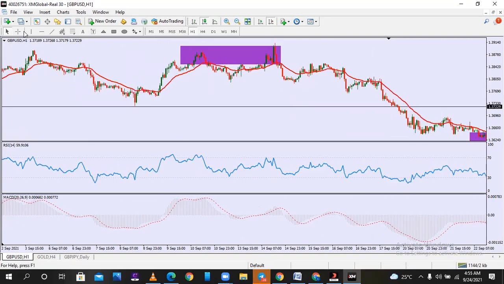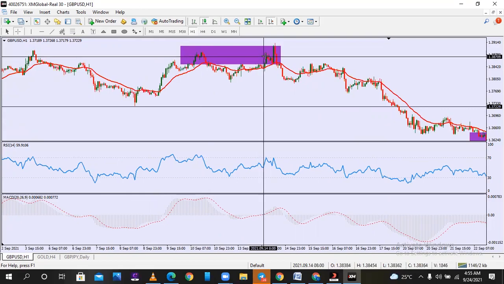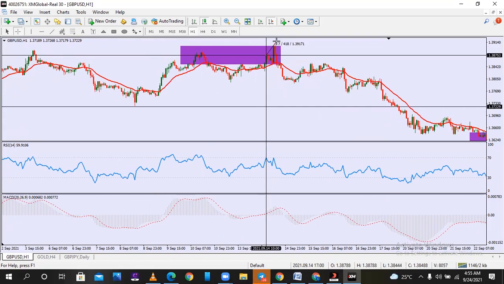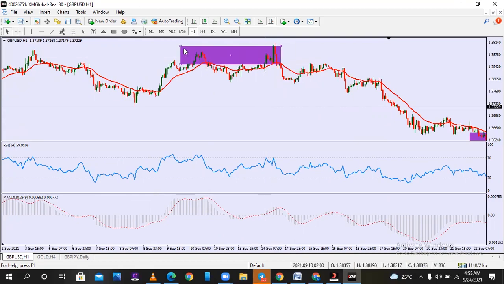Now, remember I said the first thing, they will create their course, the divergence, and from the divergence, what do they do again? They break our divergence, that is breaking the market structure of the divergence, which is this particular support region.